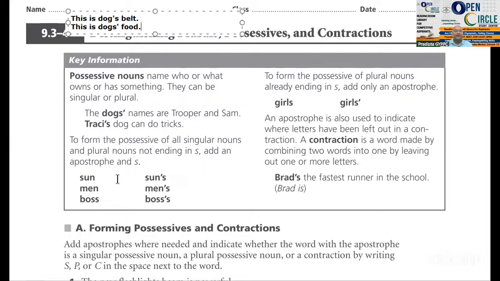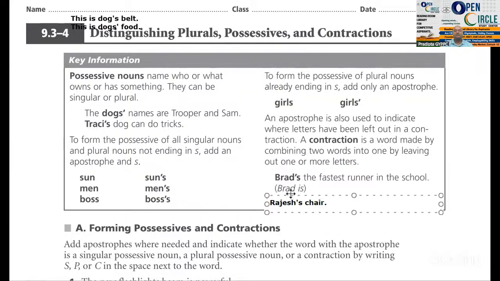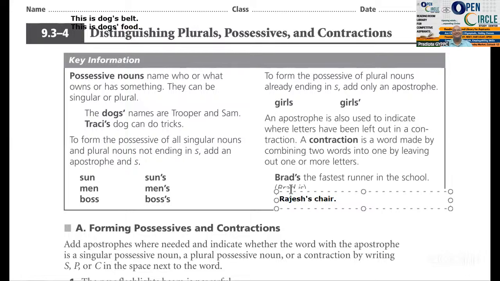Clear? Now, if it is bosses, how would it be written? Actually, we don't use it. We avoid S after words ending in S, because you'll be saying bosses, and the pronunciation will be awkward. Example, suppose I say Rajesh's chair.